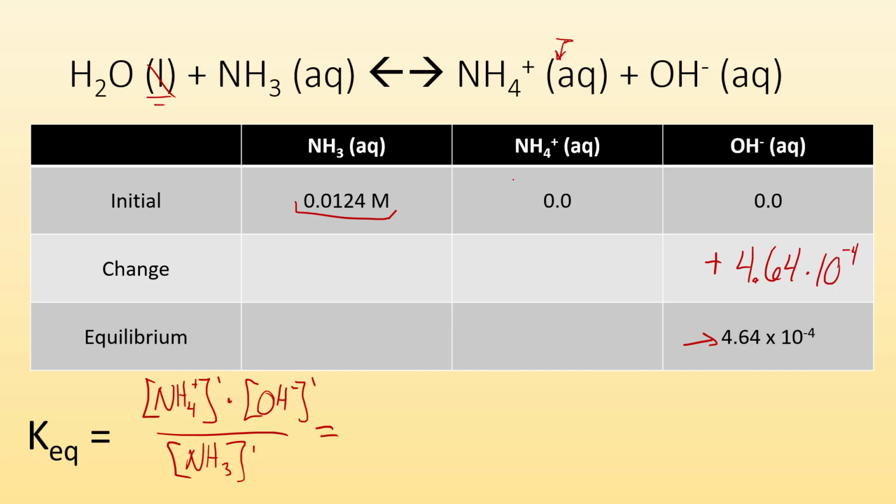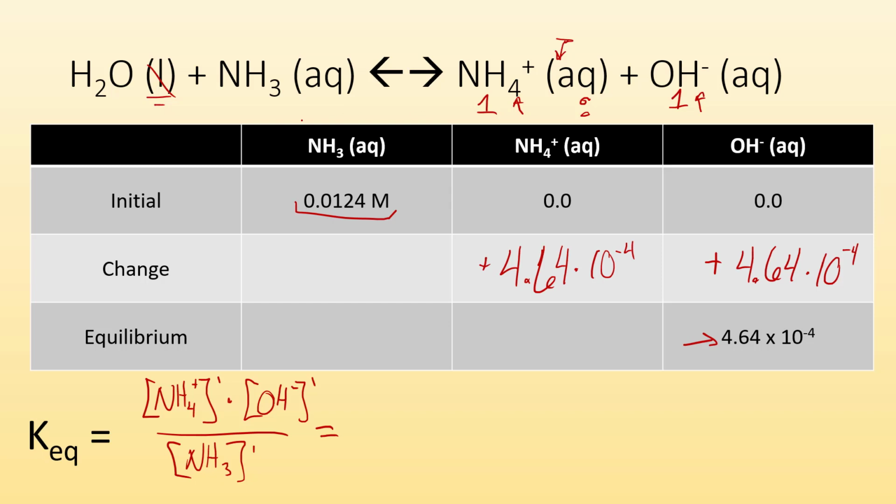So what does that mean for the NH4? How did the NH4 change? Well, I can take a look at the hydroxide ion to the NH4 plus ion ratio. It's a 1-to-1. So whatever change is happening to OH minus, it's happening to NH4 plus. So NH4 plus must have also increased by 4.64 times 10 to the minus 4.